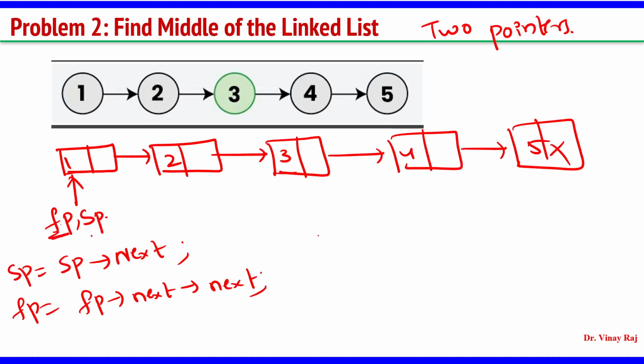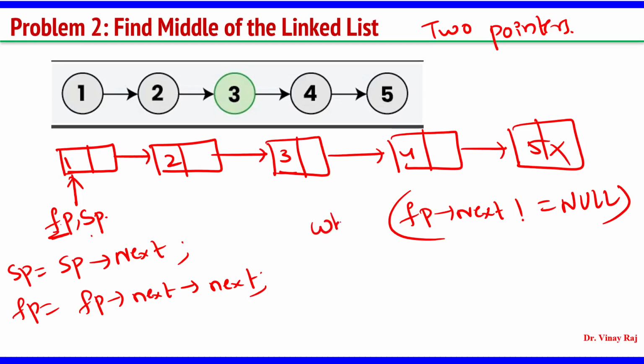How long should I do this? Until FP next becomes null, keep doing this process. Once this while loop breaks, wherever the current SP is pointing to, that will be our middle element.